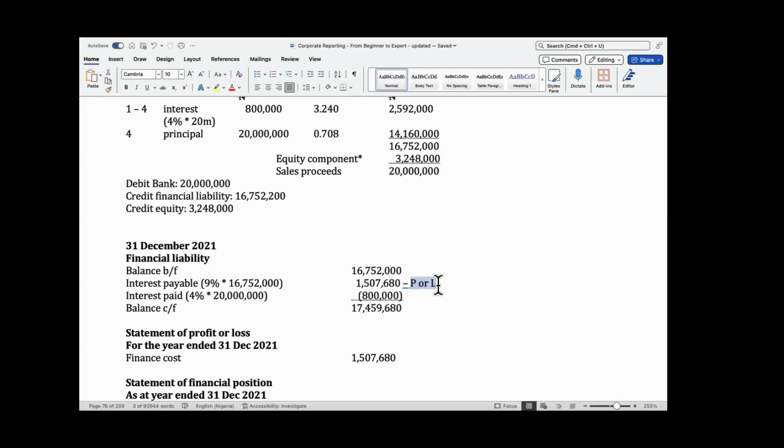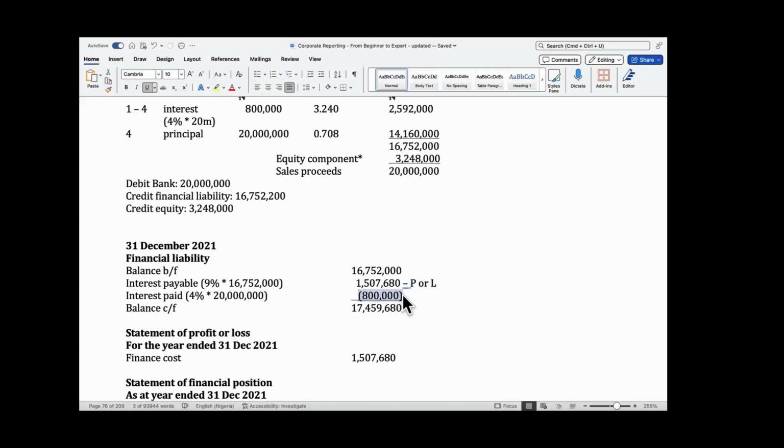Where would the corresponding credit go? Anybody? Where would the corresponding credit go? Payable. Thank you very much. That's correct. So you credit the financial liability.